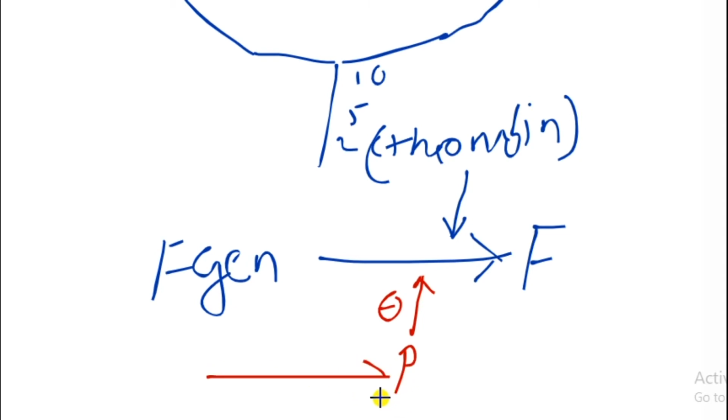Plasmin comes from plasminogen. So plasmin inhibits this process, so fibrin will not be produced, or it can dissolve the fibrin in the blood.